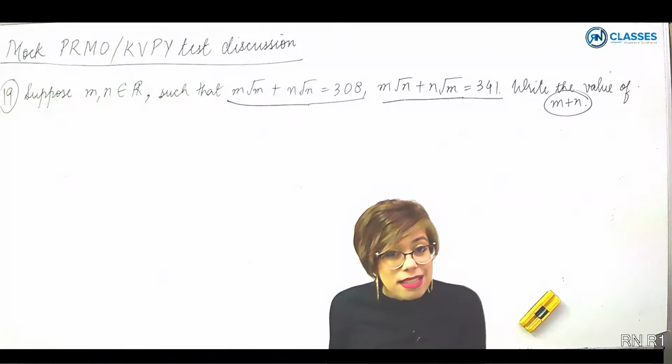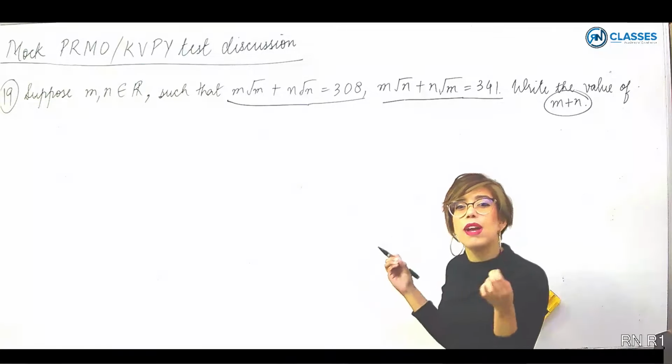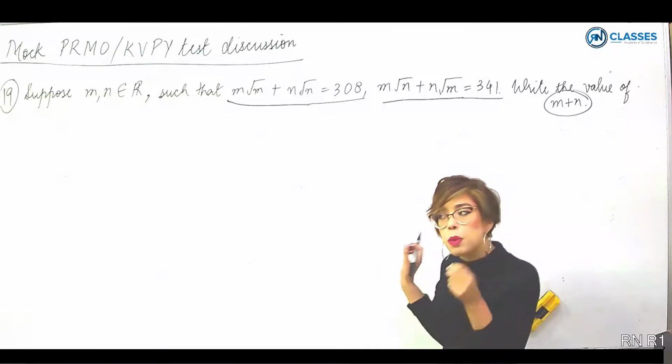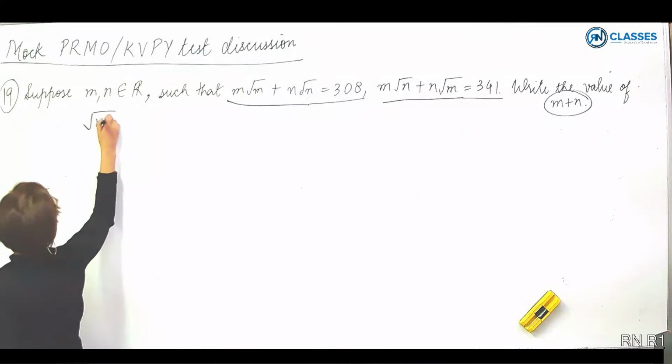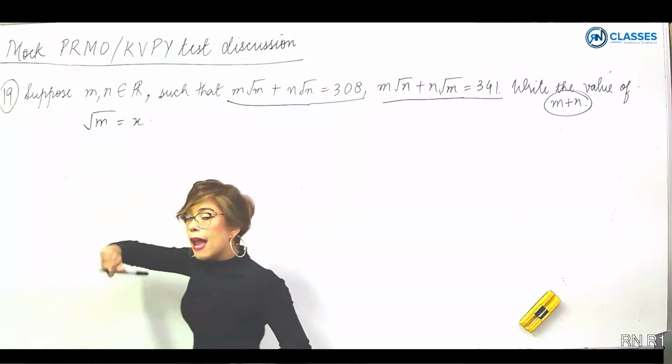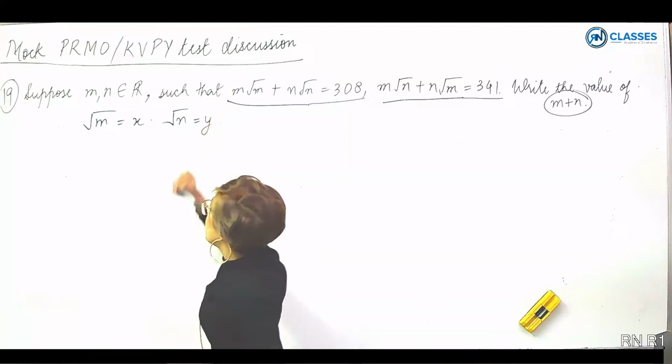And since the radical sign is getting involved, it is a bit difficult for me to look at the equations precisely. So what I do is, since I don't like the radical sign, I will just substitute root m as x and root n as y.